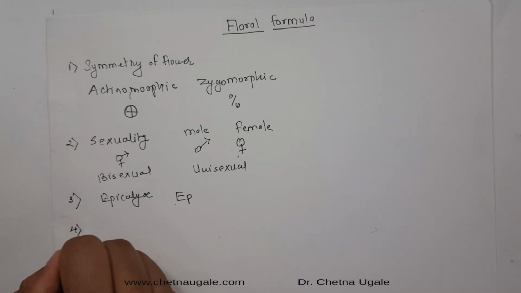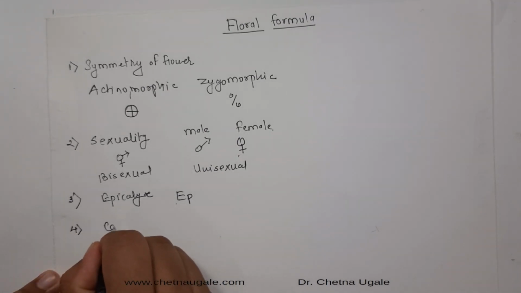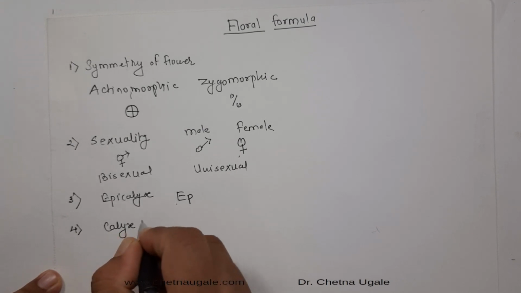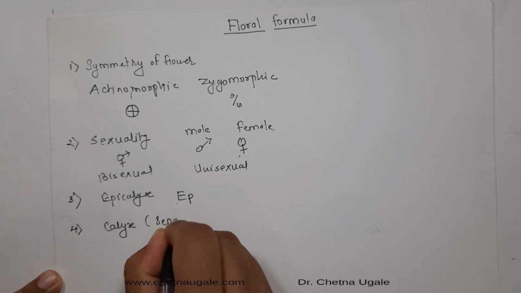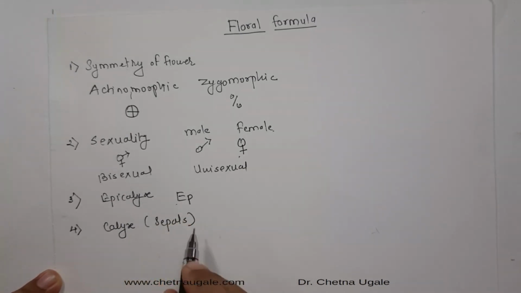Then the next one is the calyx. Calyx is the outermost whorl of the flower, which is composed of sepals, and the sepals unite to form the calyx.